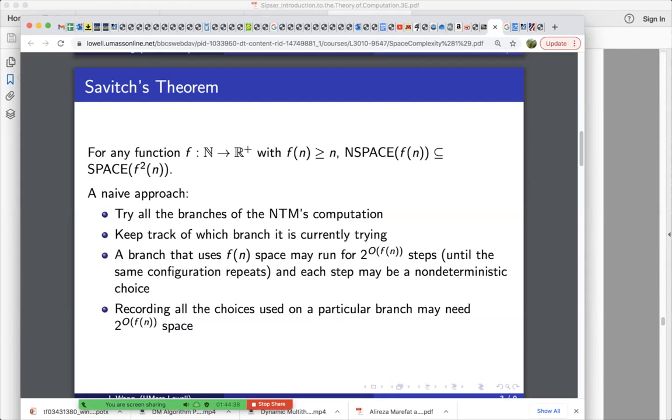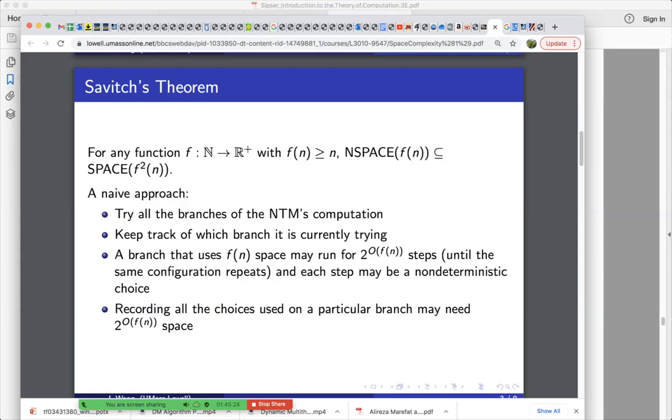What that means is that within a quadratic function, non-deterministic space is included in deterministic space. This is much different from deterministic time versus non-deterministic time. We definitely don't know that NTIME f of n is included in DTIME f of n squared. That we don't know, but for space we do. And this is called Savitch's theorem.